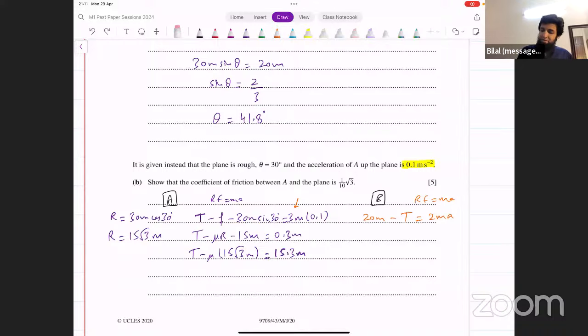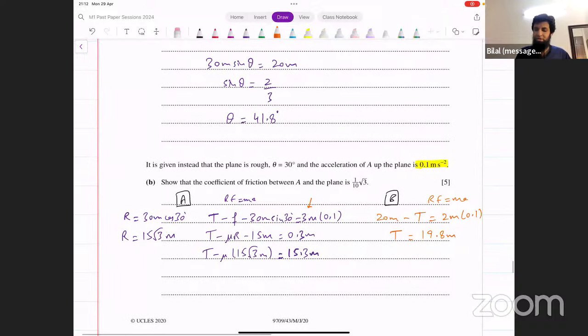Now we know the value of acceleration as well. Acceleration is 0.1. Let's input that here as well. And that gives us 20m. Or let's make T the subject. 20 minus 0.2, and that's 19.8 times m.